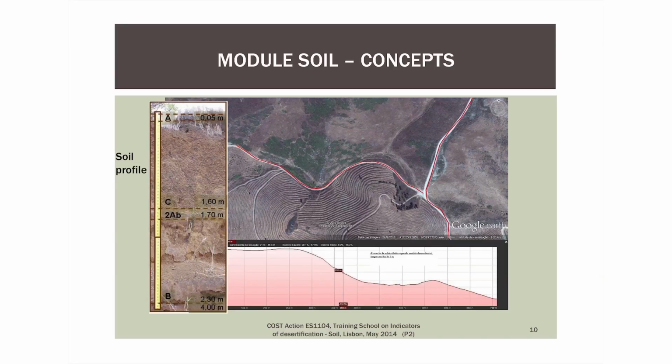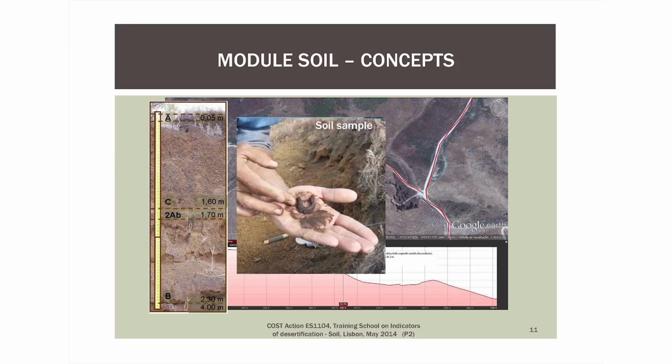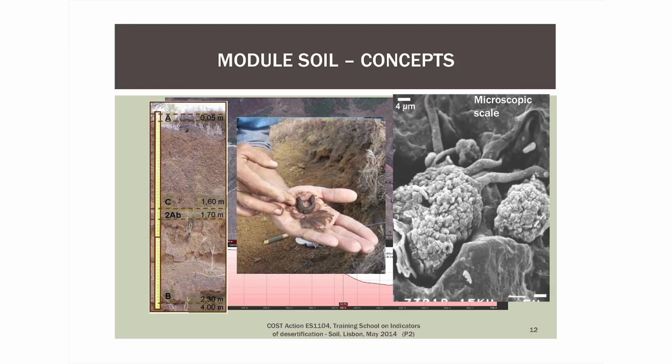This one is taken in Cape Verde, where you can find all the horizons identified, and still soil when we have a sample in the hand and we are trying to get the texture in the field, or even when we see fungi in a microscopic image.